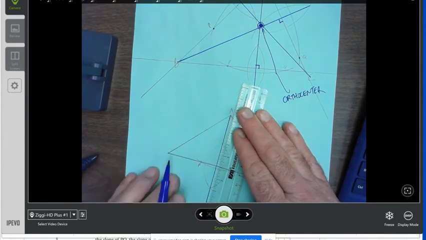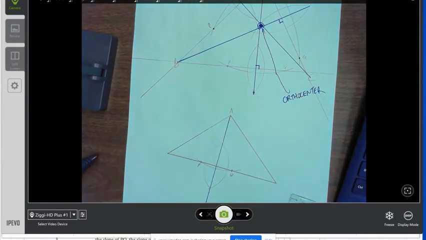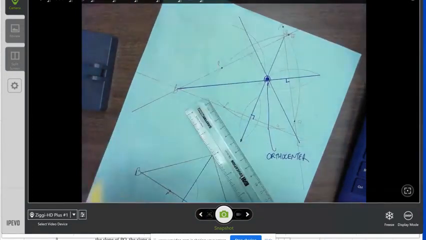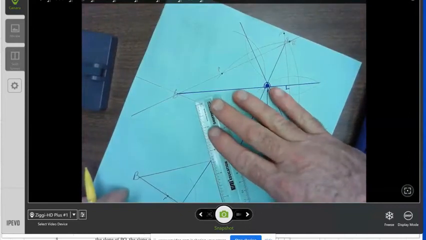So there's an altitude from A. To do the altitude from B, I'm going to extend side AC a little bit.